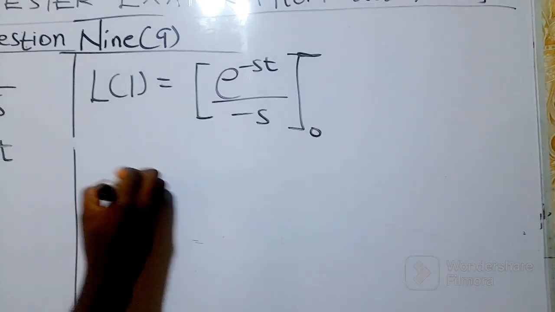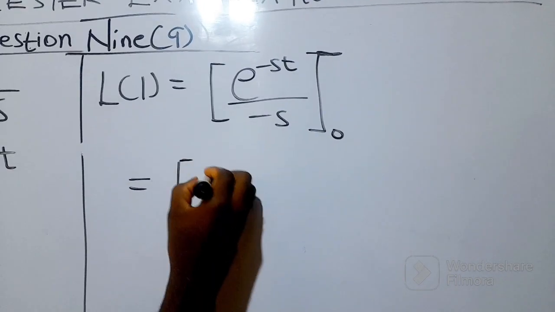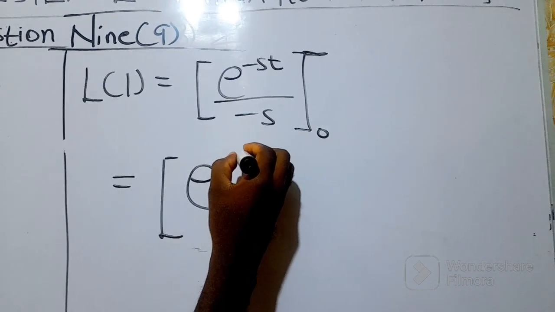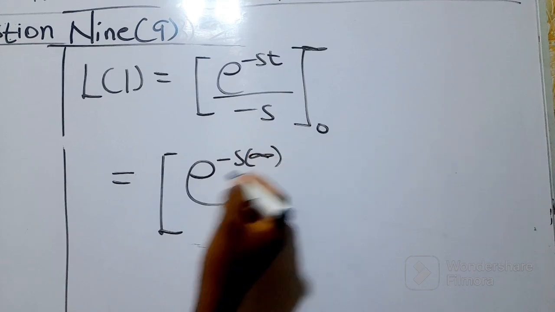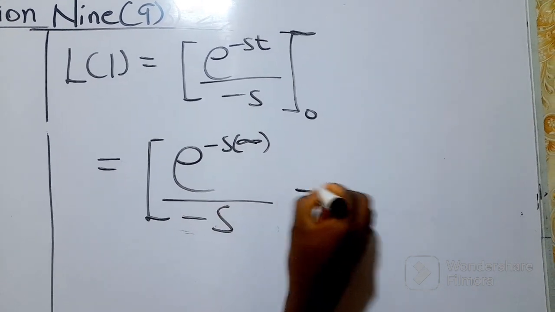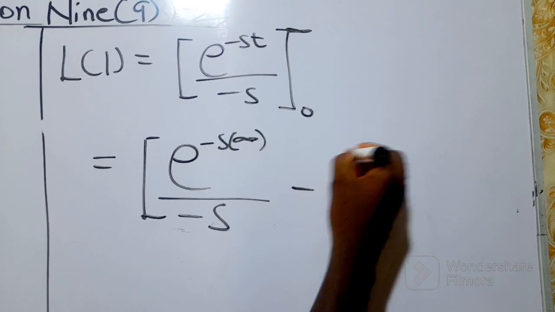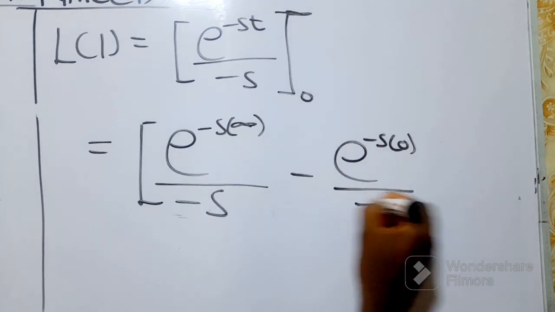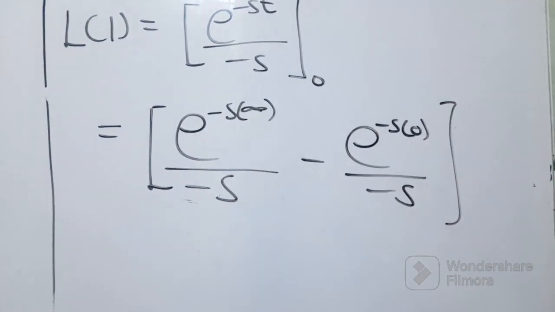So when we solve further, this will be equal to e exponent negative s times infinity over negative s, then minus e exponent negative s times 0 over negative s. I hope you get that.